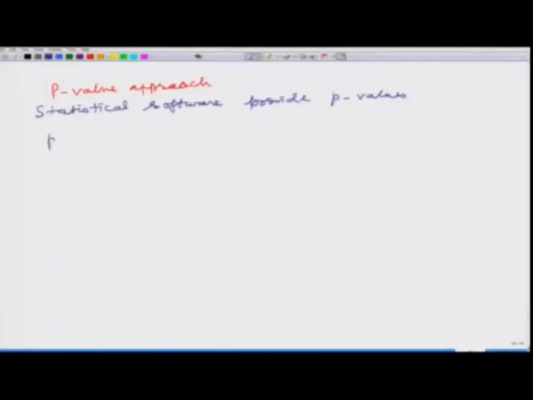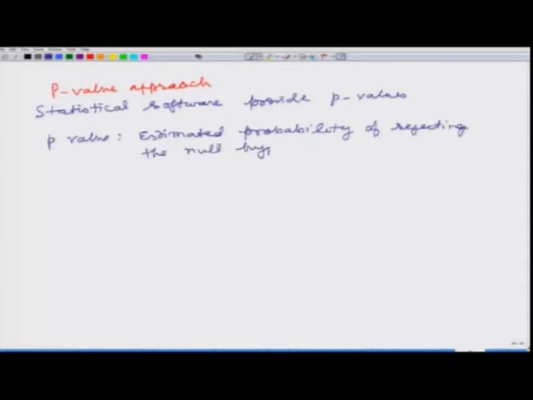This p-value is nothing but the estimated probability of rejecting the null hypothesis.